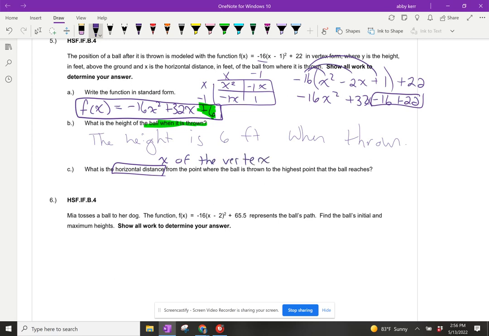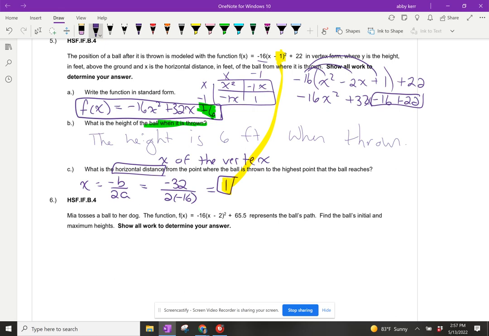So you can find it two ways. You can do the opposite of b over 2a, which is negative 32 over 2 times negative 16, which is 1. Or you can look right here at the vertex form. It's the opposite of what you see, and it would be 1.